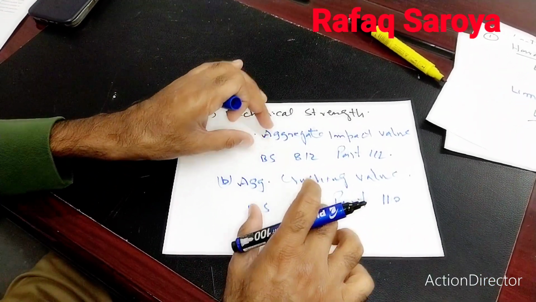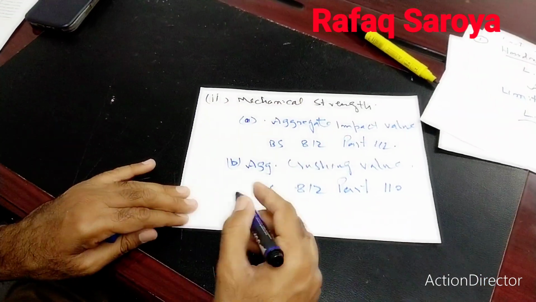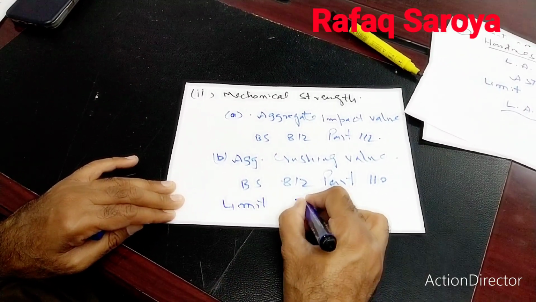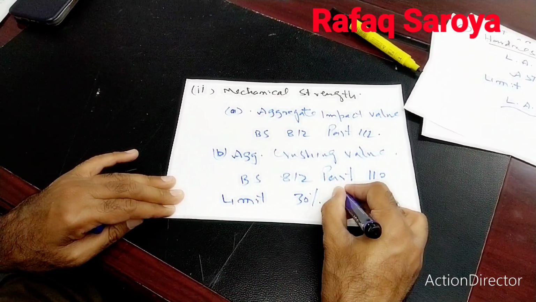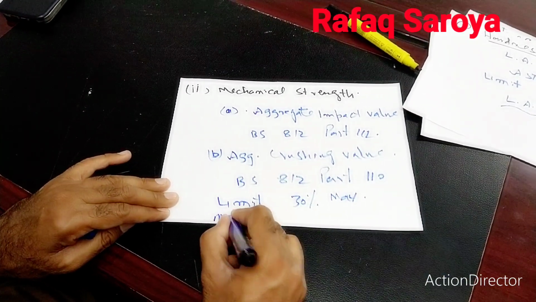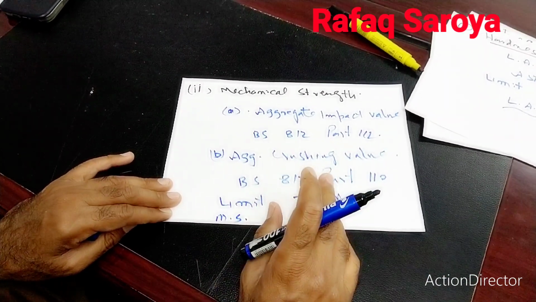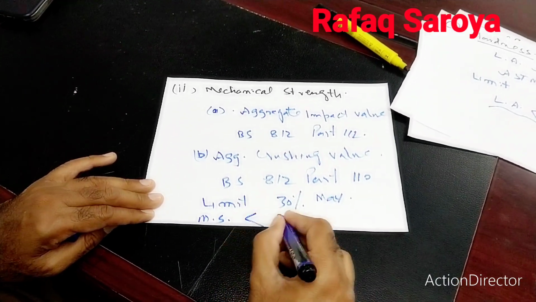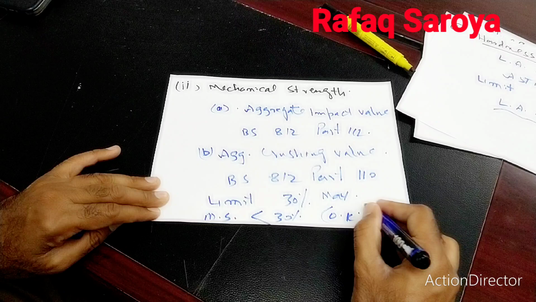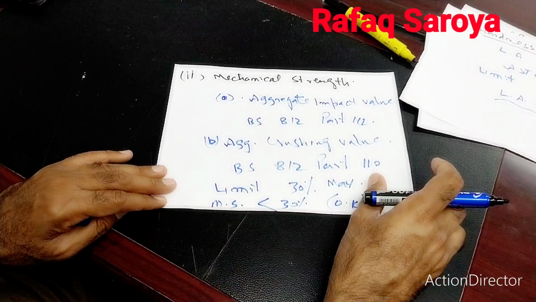So this is the standard, this is the property, and the maximum acceptable limit for both is 30% maximum. If the mechanical strength value is less than 30%, it means our aggregate is okay. This is the acceptance criteria.